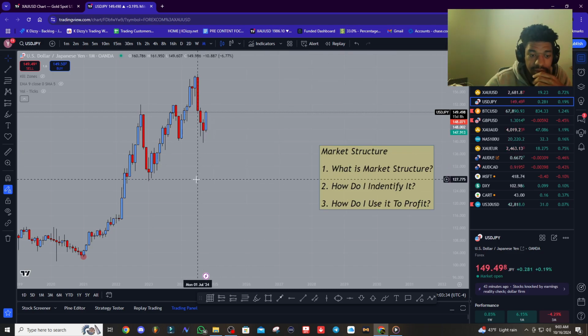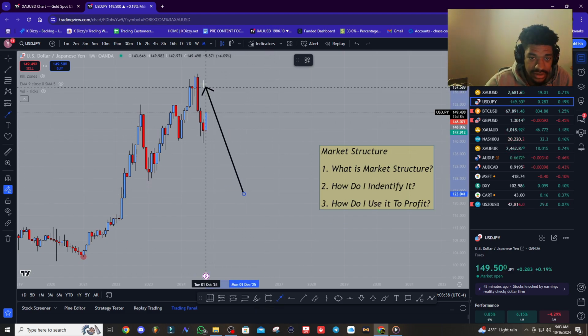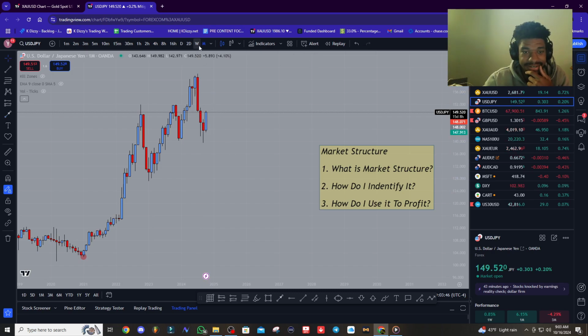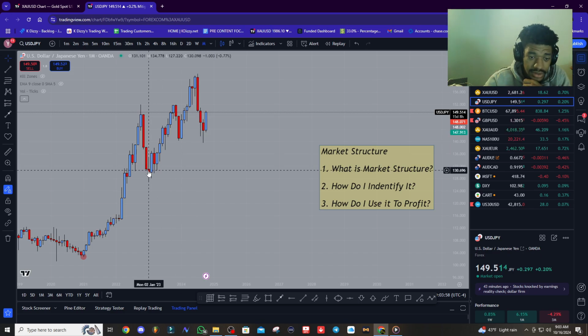So this right here, boom. First things first, if you look at the top here, this is called the time frames. You can see the monthly, the weekly, 2 days, 1 day, 16 hours, 8 hours, all the way to 1 minute. What that means is, since I'm on the 1 month, every candle is 1 month worth of data.